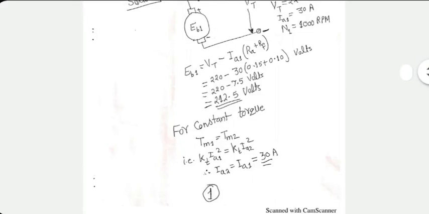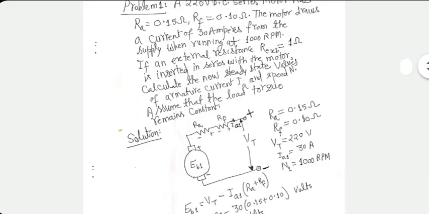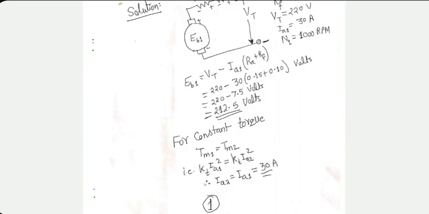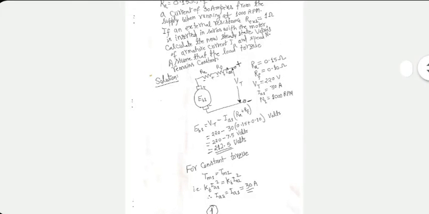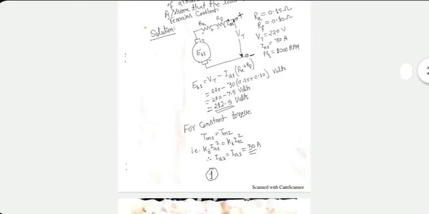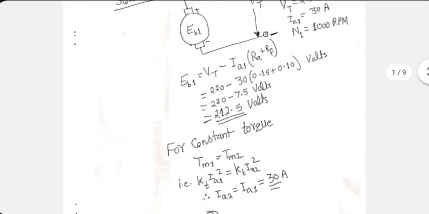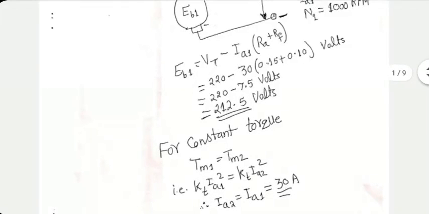So when you go to second part, when R external has been brought in series with RA and RF, because torque is constant, and torque we have seen in a series motor is proportional to armature current square. Go back to my notes, you'll see that again. So some constant multiplied by armature current square is the torque. And that constant is same in both cases. So if torque is constant in both cases, we get IA1 square equal to IA2 square.